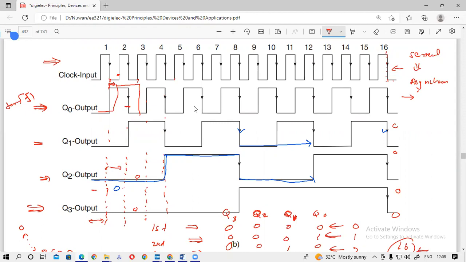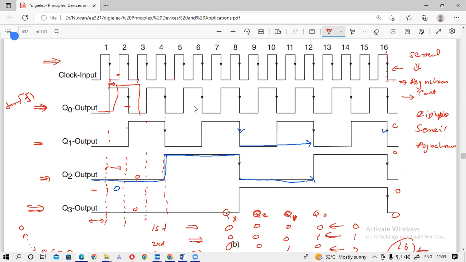So we also call it an asynchronous counter. There are actually three names: ripple counter, serial counter, or asynchronous counter. All three names can be used.